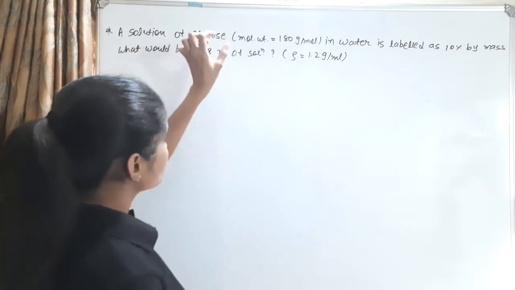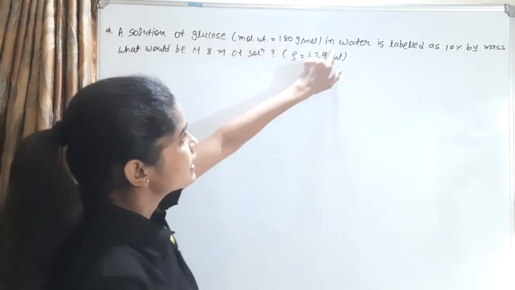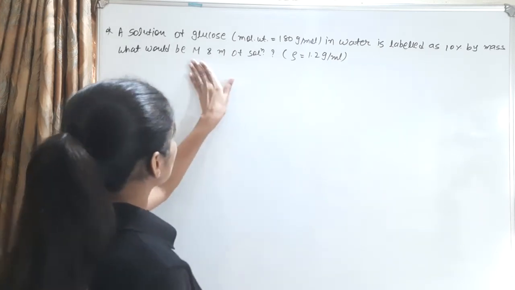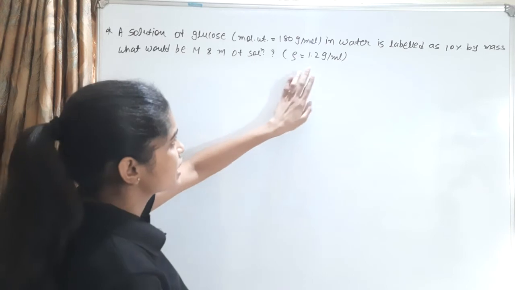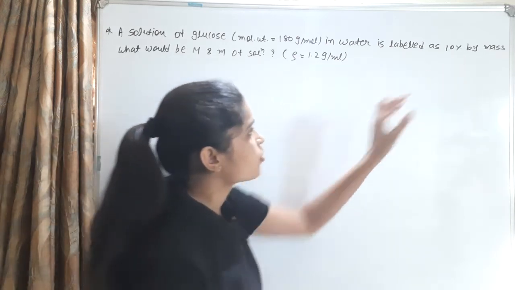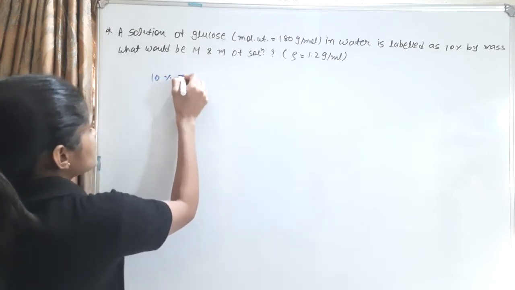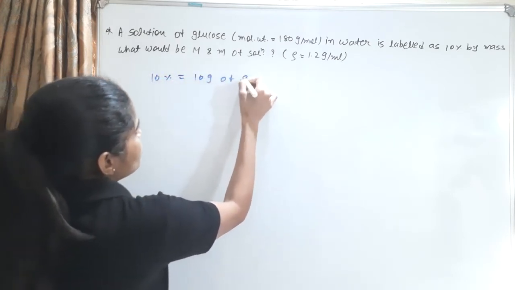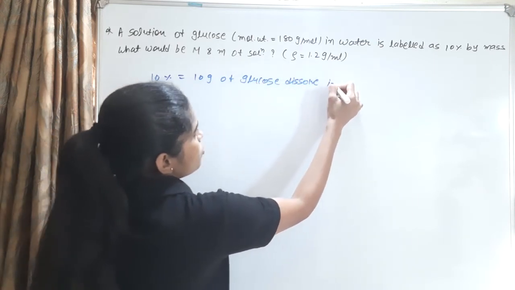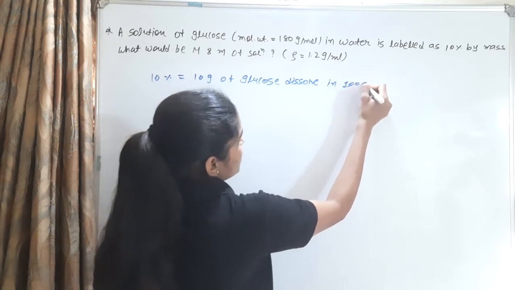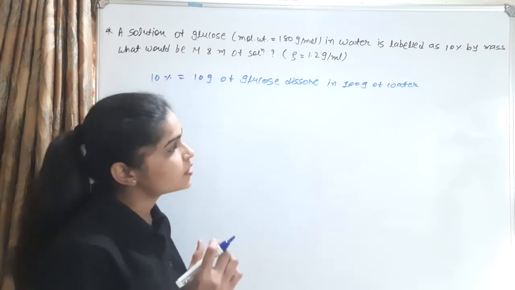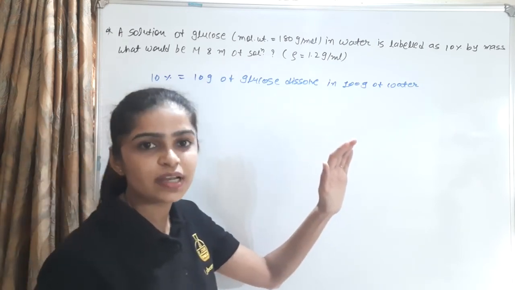Next, a solution of glucose, molecular weight 180, in water is labeled as 10% by mass. What would be the molarity and molality of the solution? Density value given is 1.2 gram per ml. First, what is the meaning of the 10% solution? 10% means 10 gram of glucose dissolved in 100 gram of solution.